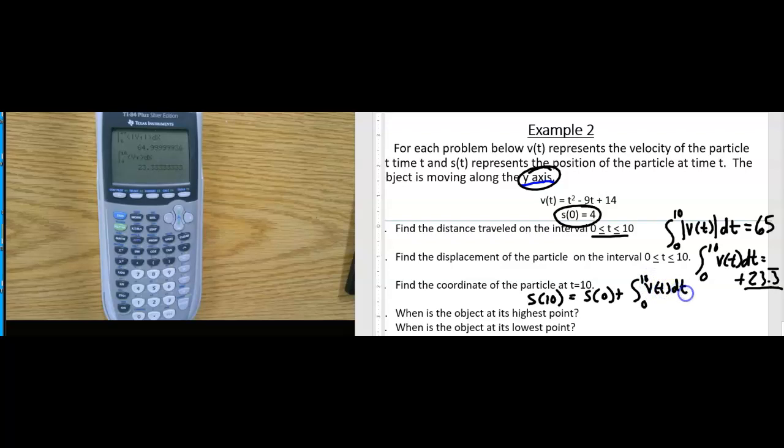And we've already calculated this. We just got that to be 23.3 with a bar on top. And they tell us this, s of 0 equals 4. And so adding those together is 27.3. So that's the first 3 questions there.